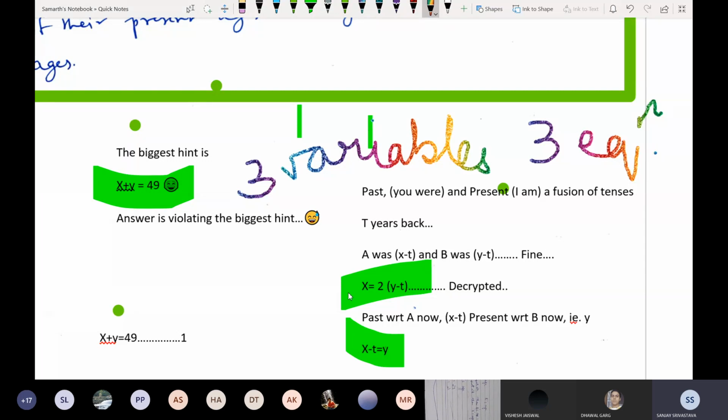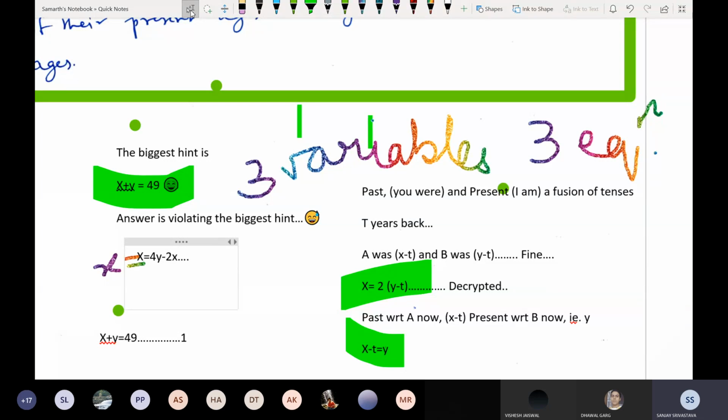So x is equal to 2 times y minus x plus y. That means x is equal to 2 times 2y minus x, that means x is equal to 4y minus 2x. That means 3x is equal to 4y.